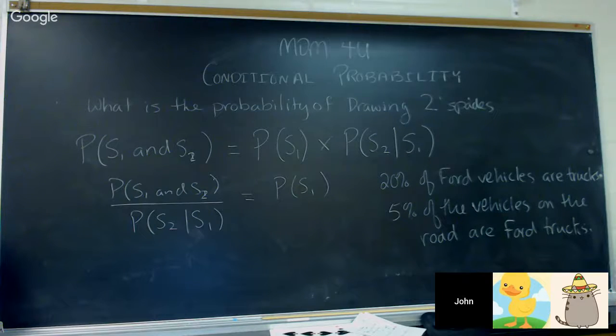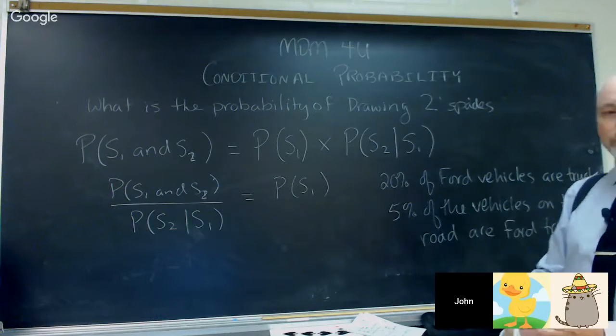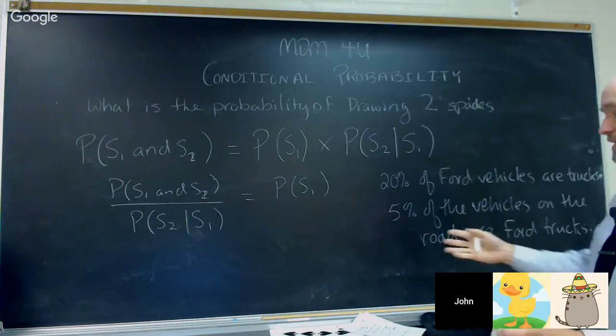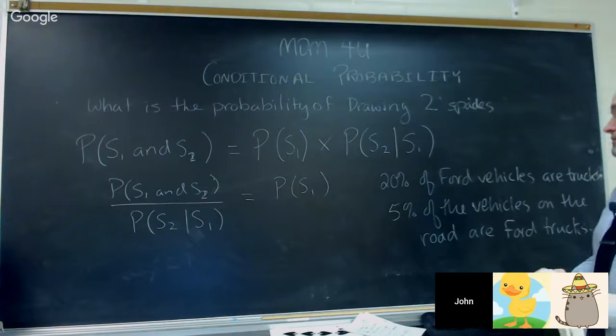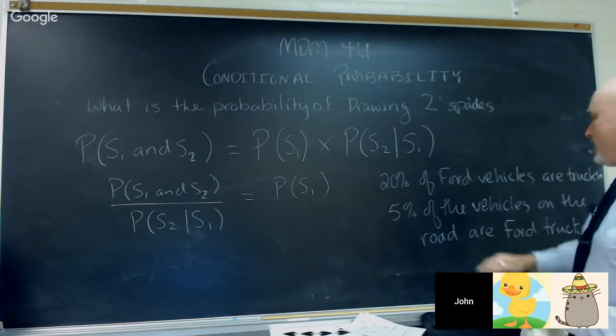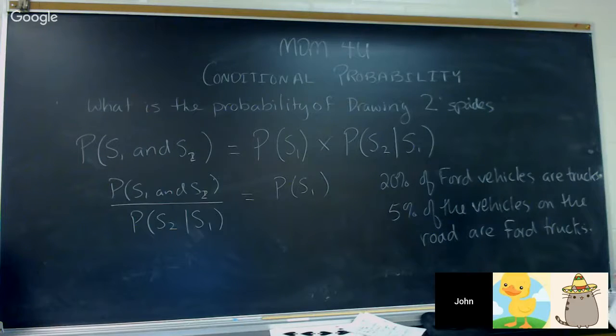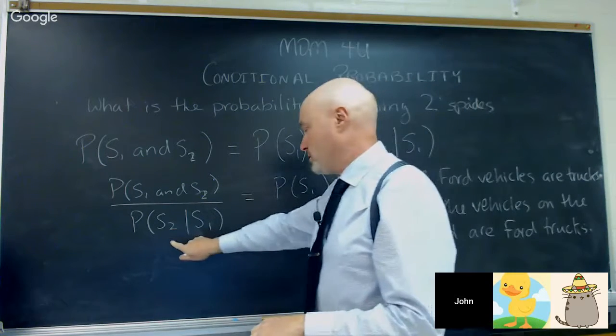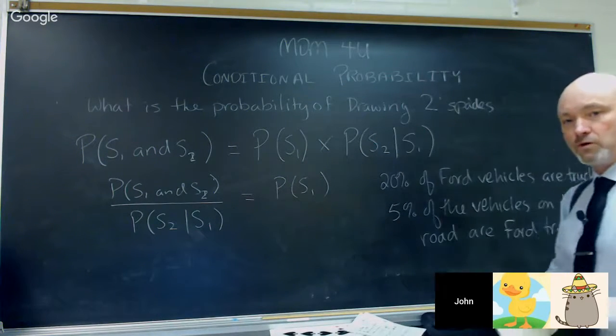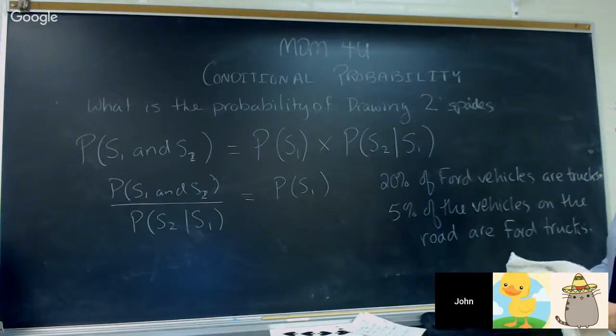So you're driving down the road, 5% of the vehicles that you come across are Fords and they're trucks. And 20% of Ford vehicles are trucks. And so if it's a Ford, given that it's a Ford, probability that it's a truck is 20%. Does that make sense so far?